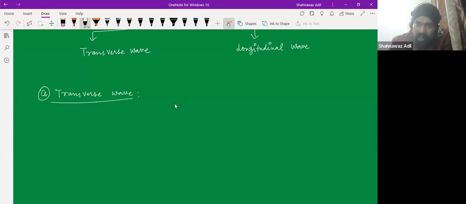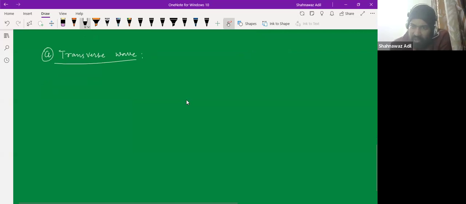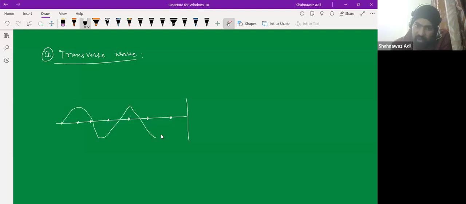right? So what we are doing, we have this fixed thing, and we have this rope, and we have fixed this end of the rope, right? And these are the particles, and then we are moving this rope from here.